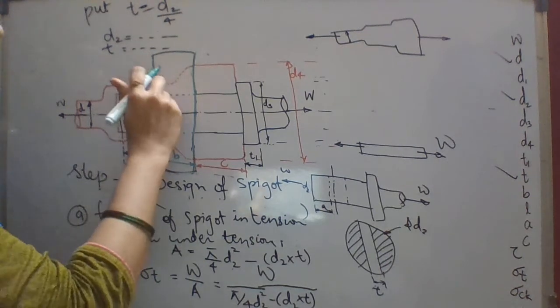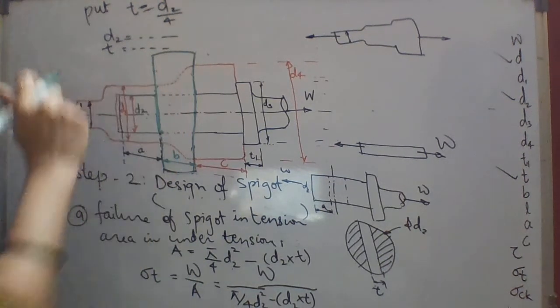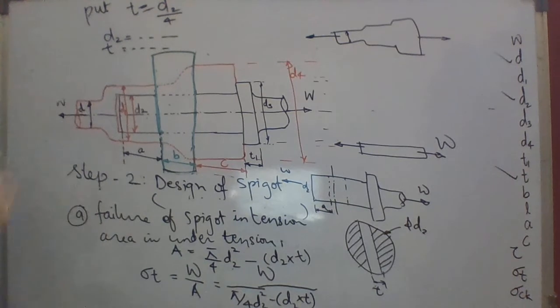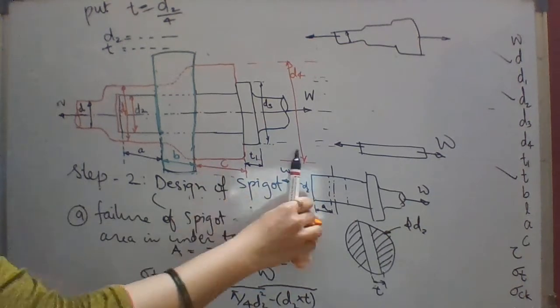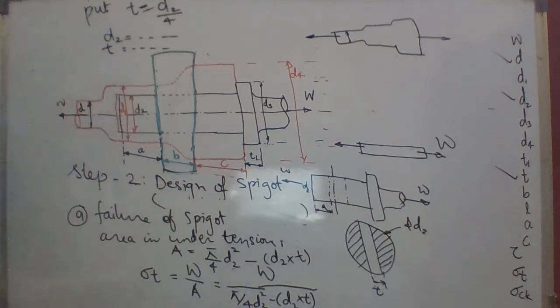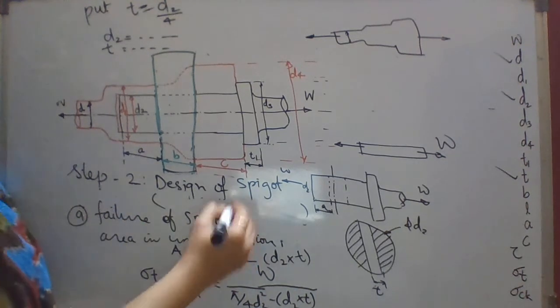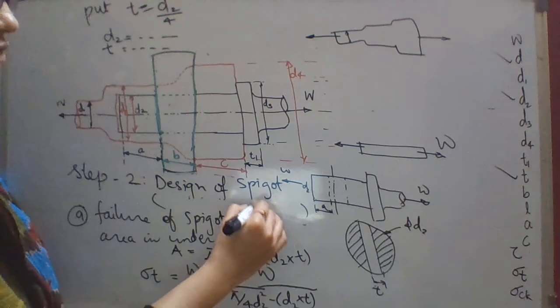So this plane, the area of this plane which is under crushing, we will consider that failure of spigot, failure of spigot under crushing.